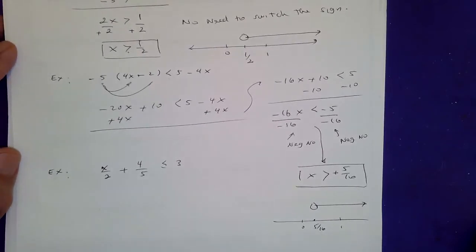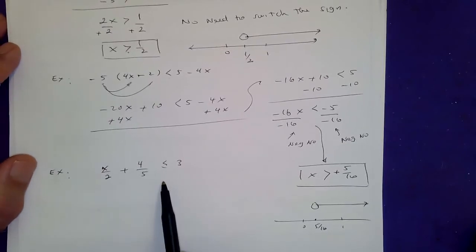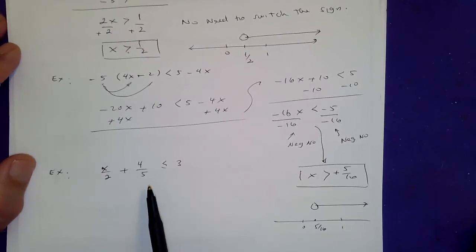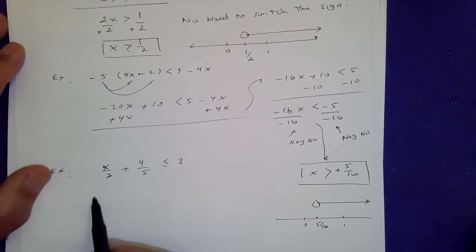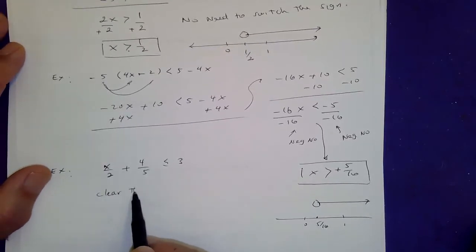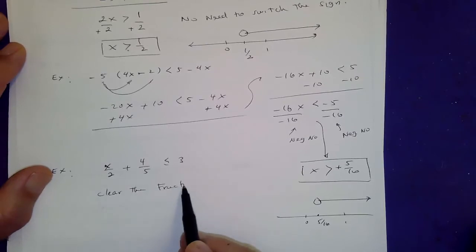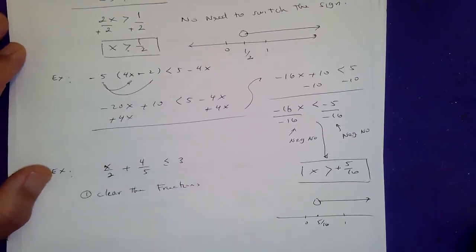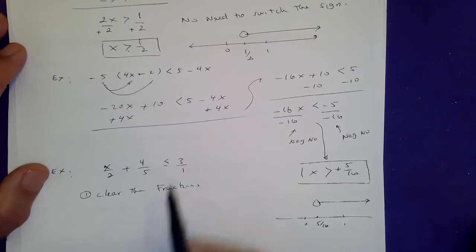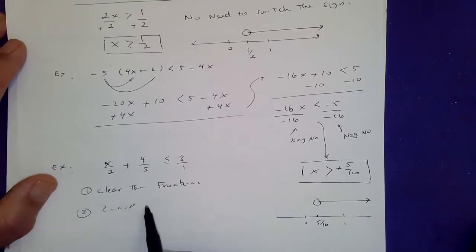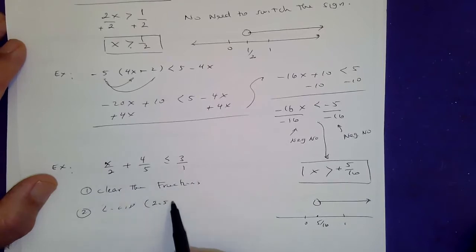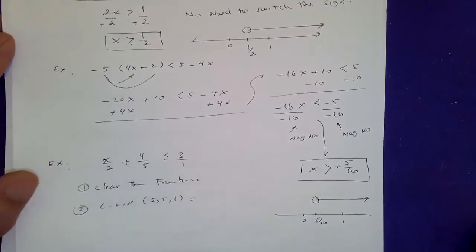Sometimes we have fractions, just like equations. In this case, the first step is to clear the fractions, right? How do you do that? Give a denominator of 1, 2, 3, and then find the LCD of all these denominators, 2 and 5 and 1.